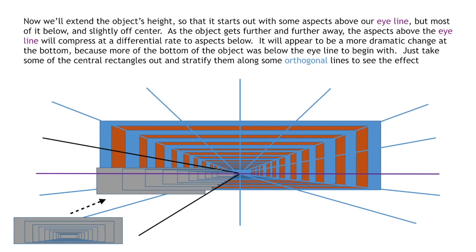So again, just take out some rectangles, stratify them along the orthogonal lines for their rate of ascent and descent along some of the orthogonal lines, like I said, and you will see the effect. You can see here in the bottom left, those are the rectangles that I pulled out from the perspective view in a central perspective view, and then you just move the corners so that they stratify themselves along the orthogonal lines, which I outlined here in black.